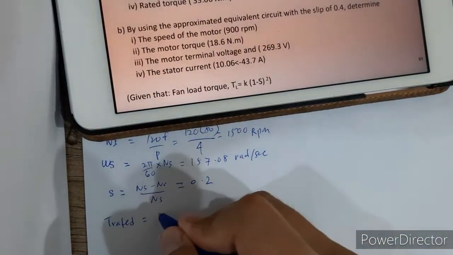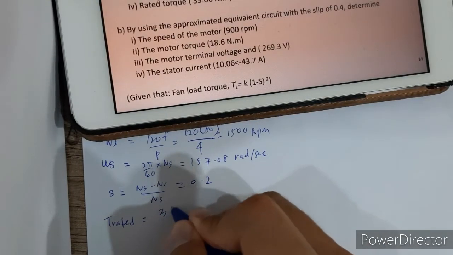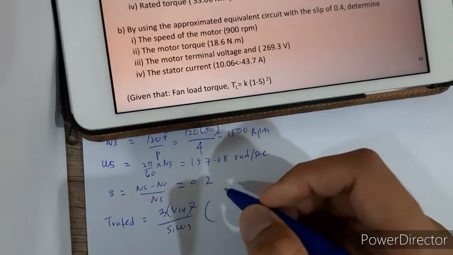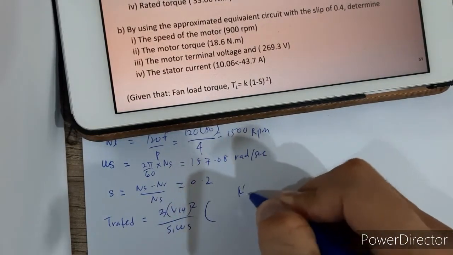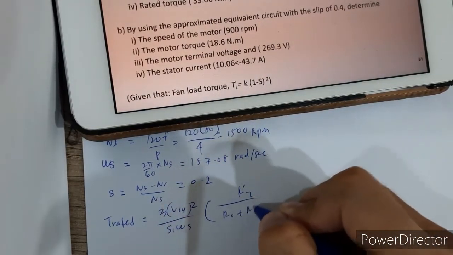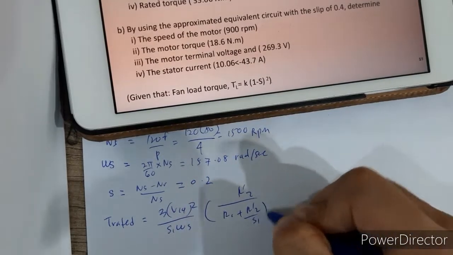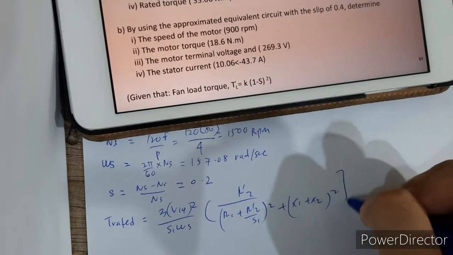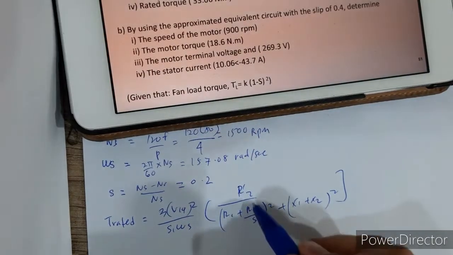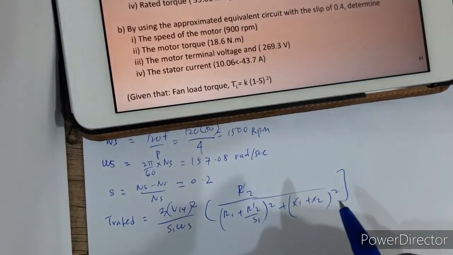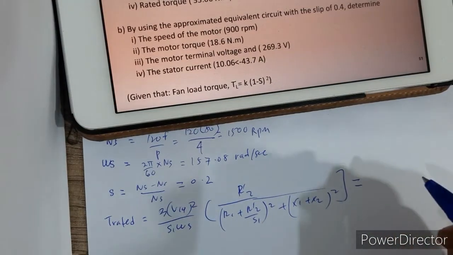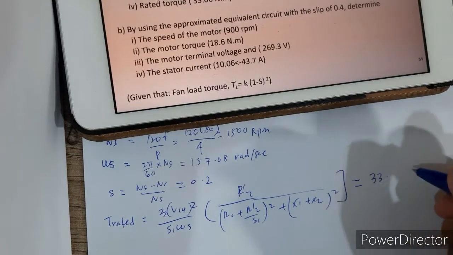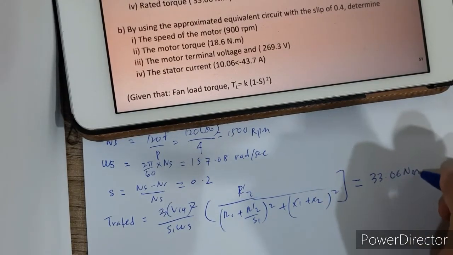The T rated formula is 3 V phase squared over S1 omega S, times R prime 2 over S1, over R1 plus R prime 2 over S1 squared plus X1 plus X2 squared. I hope you remember this equation. Based on calculation, the rated torque is 33.06 Newton meter.